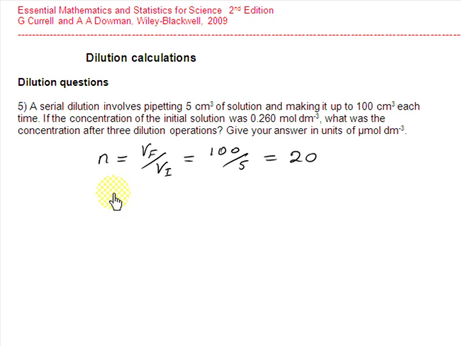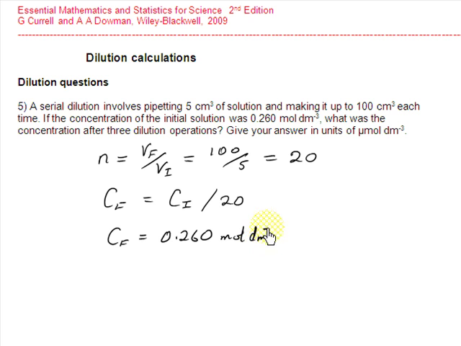And for each stage, the final concentration will equal the initial concentration divided by this ratio of 20. So then if the initial concentration is 0.260, and that is moles per decimeter cubed, after one dilution stage, the concentration would go down by a factor of 20. We'll have to multiply by 1/20.